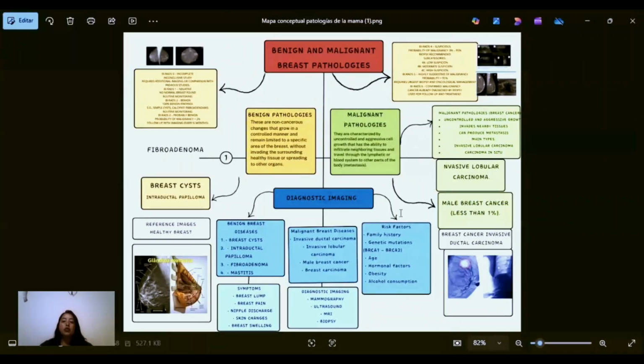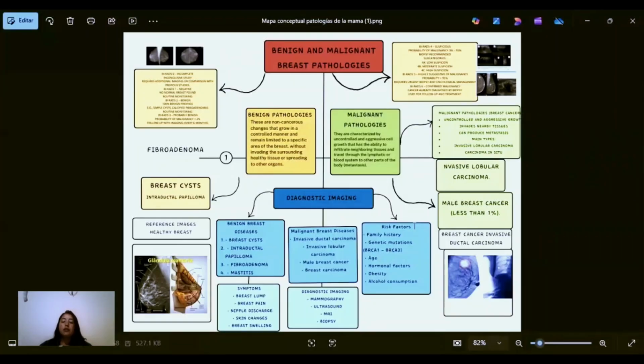Importance: it also helps in therapy planning, helps evaluate treatment efficacy, and improves survival and quality of life for patients. Example: invasive ductal carcinoma and invasive lobular carcinoma with confirmed histological diagnosis, or carcinoma in situ.